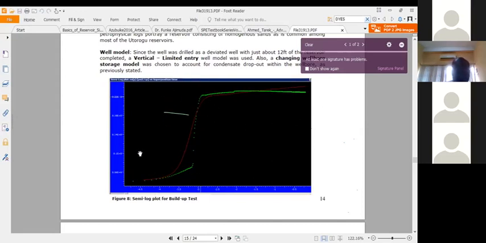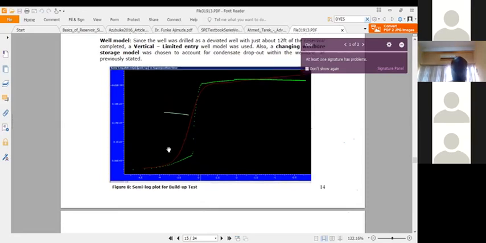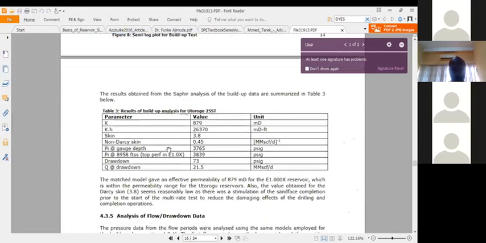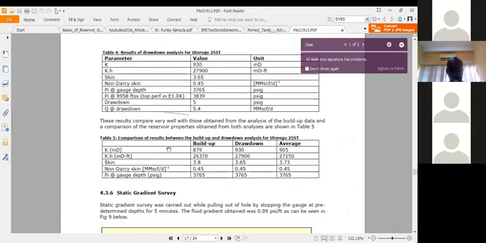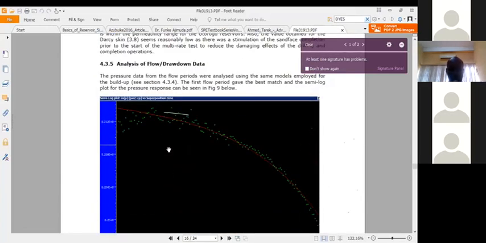Here are portions where your test is affected by wellbore effects. And this is analysis of build-up data, and this is analysis of flowing data.